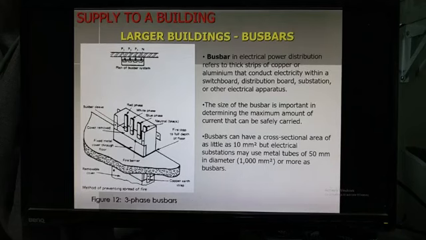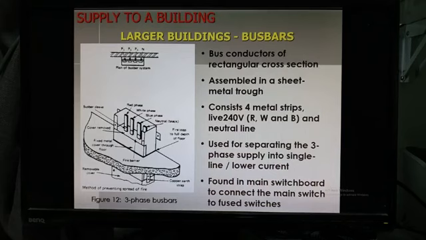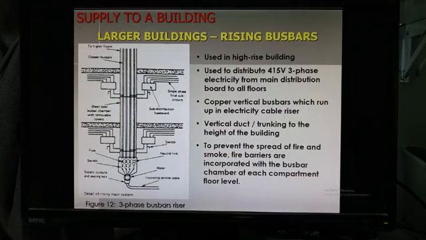It's rectangular, a sheet metal. Since this is three phase, it has 4 metal strips: red, white, blue, and black. So 3 live, 1 neutral. This is the same rising bus bar. It can be used to distribute 415 volts three phase. 240 also can, no problem.